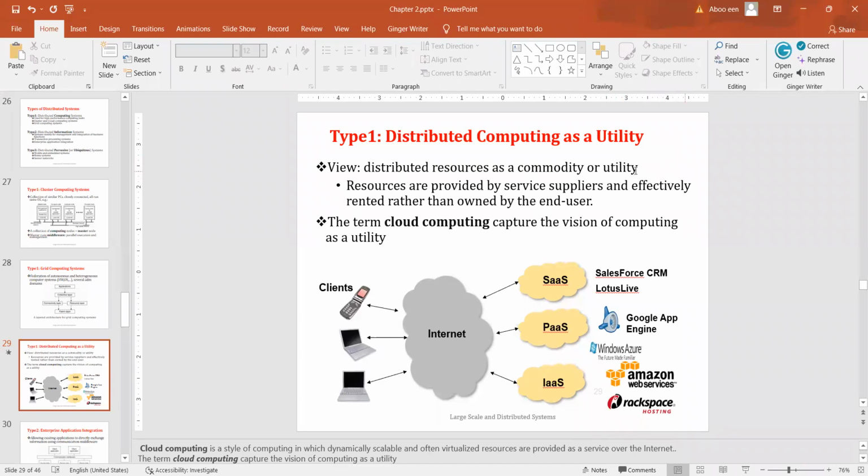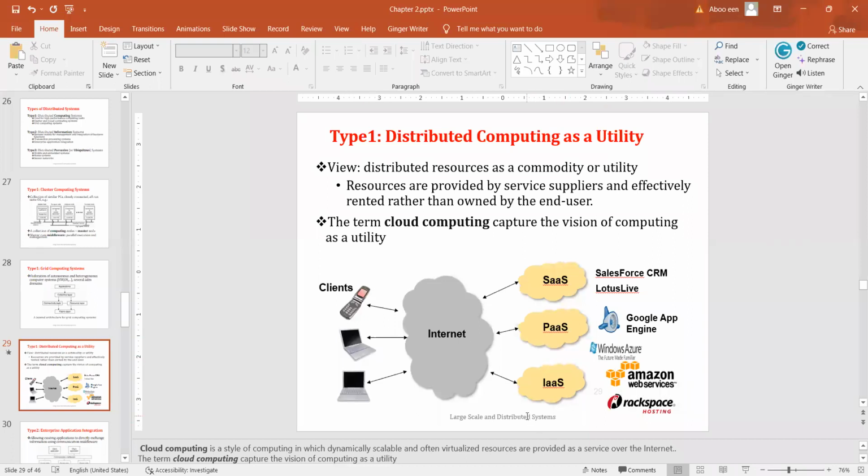So these are some kind of home utilities. Likewise, here the services, software as a service, platform as a service, infrastructure as a service, all these computing services are referred to as computing utilities, computing as a utility, to their connected users or clients.